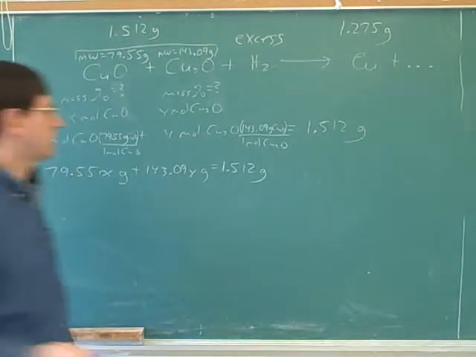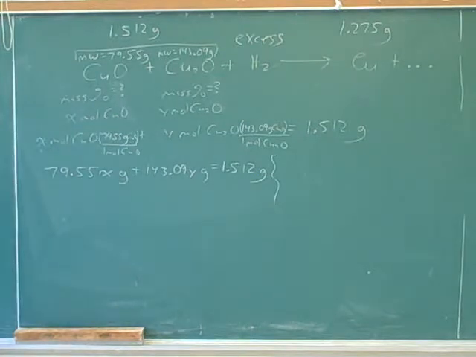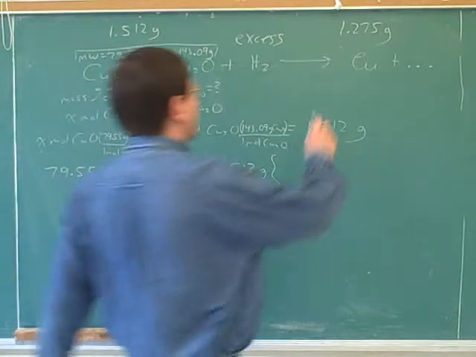Okay, and now we need a second equation. So for the second equation, I did 1.275 grams Cu times 1 mole Cu over 63.55. Oh, so we just took the products. You took the 1.275 and turned it into moles, which is what I did. Like how we got the 0.06 moles last time.